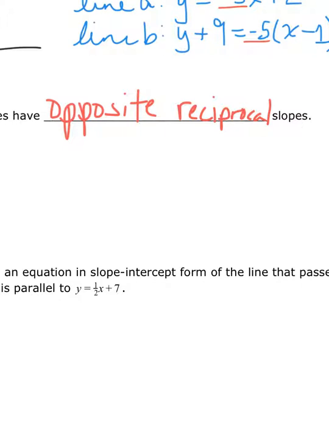Perpendicular lines have opposite reciprocal slopes. I'm going to talk right now about what I mean by opposite reciprocal slopes. Isn't that where we're supposed to flip it? Some of us are remembering our fraction vocabulary. Beautiful.